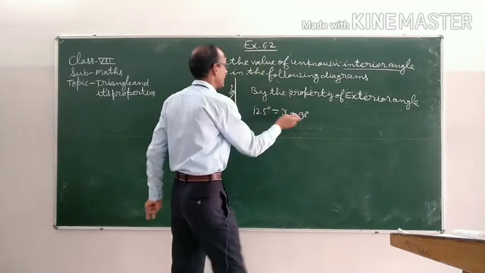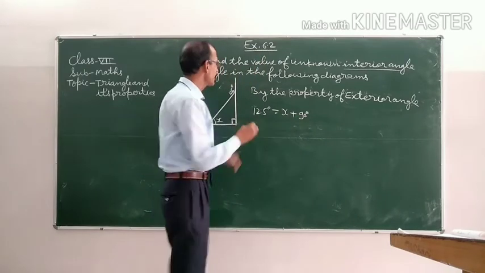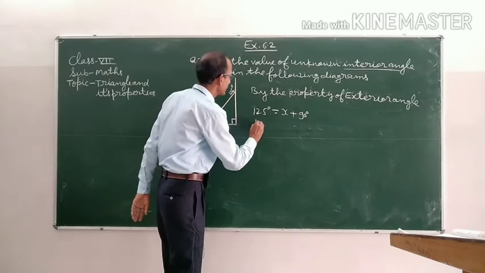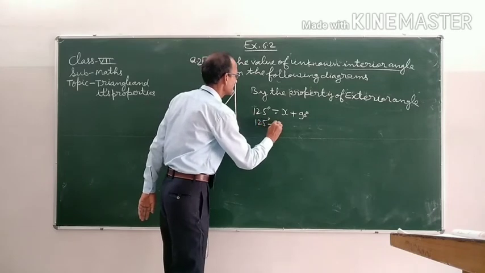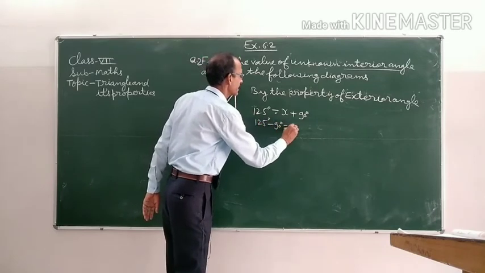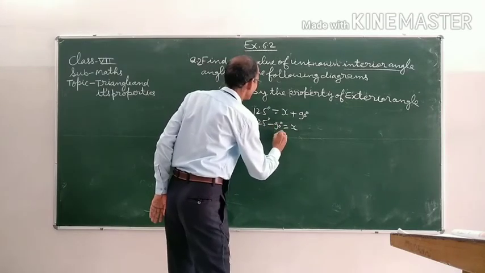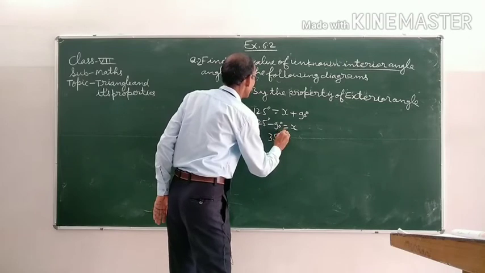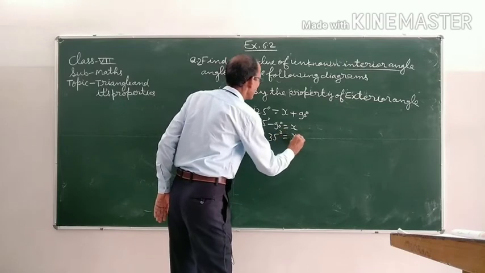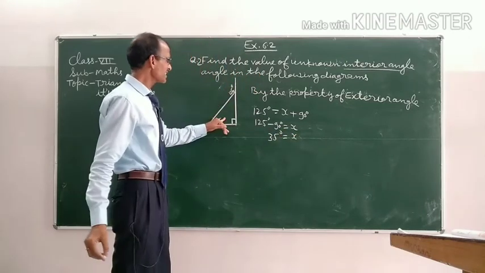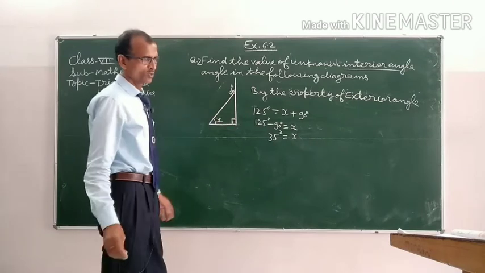Okay? Now transposing 90 degree to this side, we get 125 degree minus 90 degree is equal to x. Subtracting this, we get 35 degree. Value of unknown angle x is 35 degree. Okay?